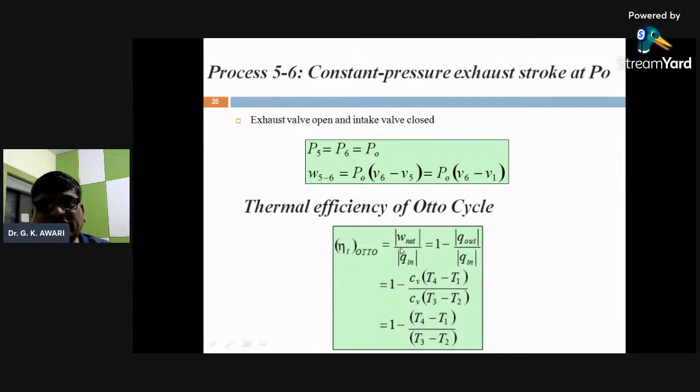Therefore, the efficiency of the Otto cycle is given by the equation 1 minus CV in bracket T4 minus T1 divided by CV T3 minus T2. Finally, the equation of the thermal efficiency of the Otto cycle is 1 minus in bracket T4 minus T1 divided by T3 minus T2.